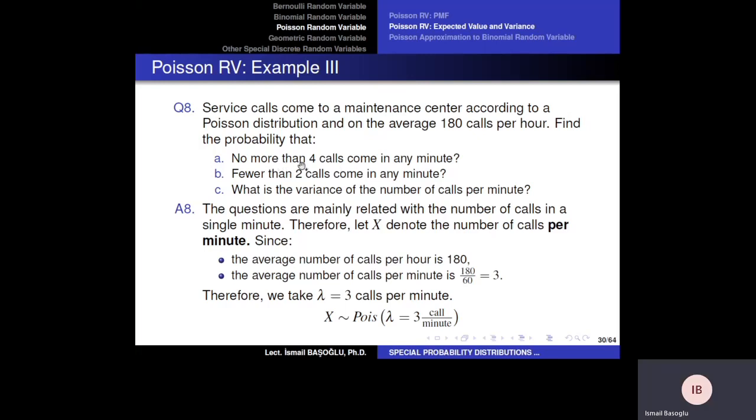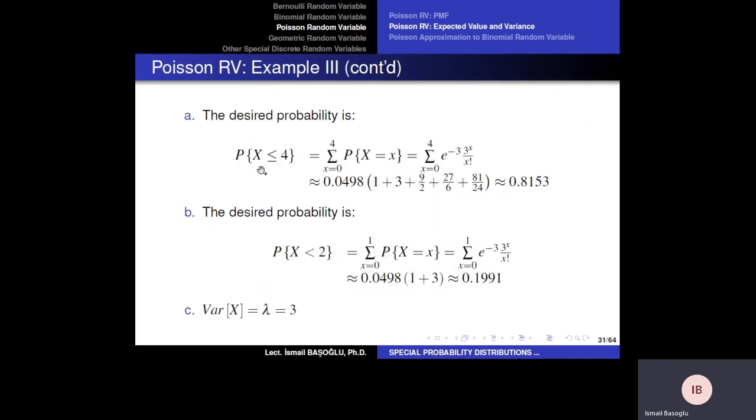Now, let's answer the first question. What is the probability that no more than 4 calls come in any minute? Which means, what is the probability that the number of calls in any minute is less than or equal to 4? So we are going to sum up the probability masses for all integer values from 0 to 4. The probability mass function is here, and the rate parameter is defined as 3. So we need to sum these terms up for x changing from 0 to 4.